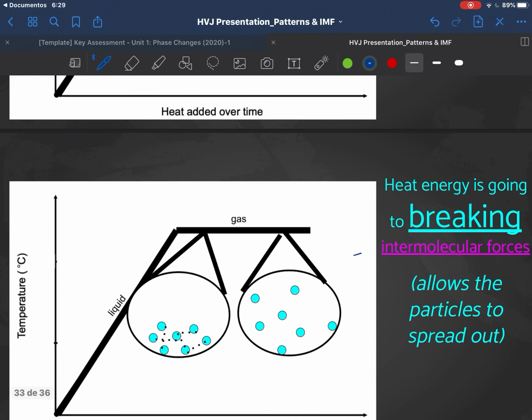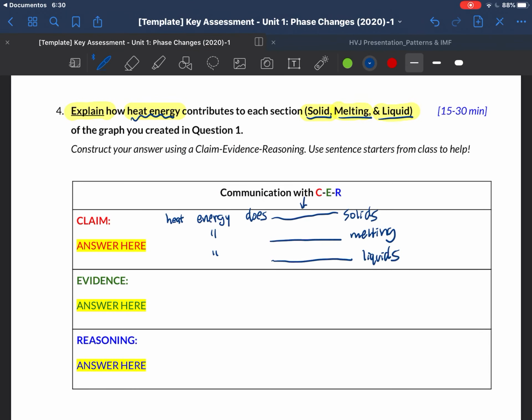They spread out because we break intermolecular forces. We break those connections between the particles. And this is what the heat energy is busy doing. So it's not making particles go faster. It is indeed making the particles spread out, specifically by breaking the intermolecular forces. So heat energy should be making the particles move faster, making the particles spread out, and breaking their IMF.